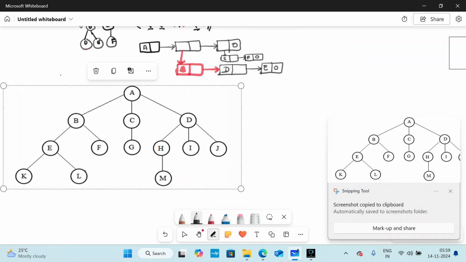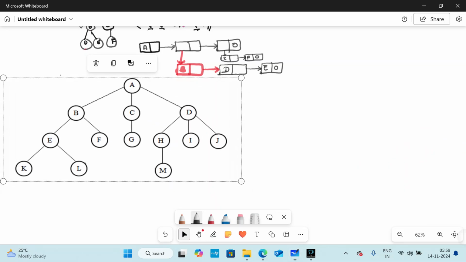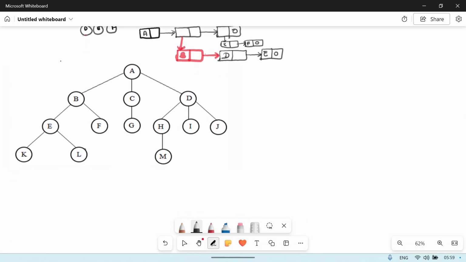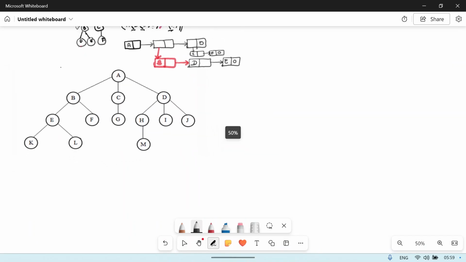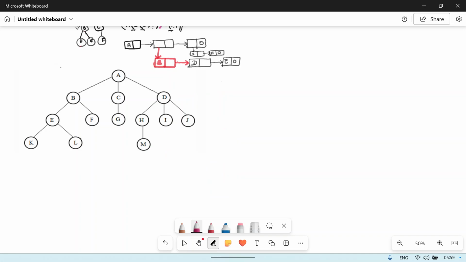Now we will try to do the list for this. You might have to leave sufficient space because many nodes will be there. So first node is A. How many child nodes does it have? A has three child nodes. So you have to write three nodes like this.